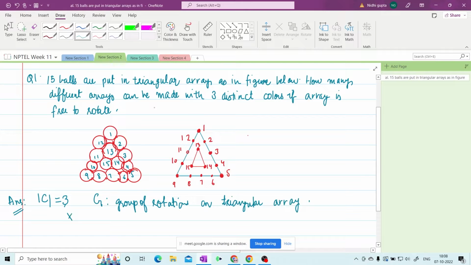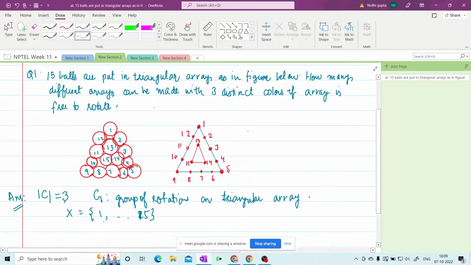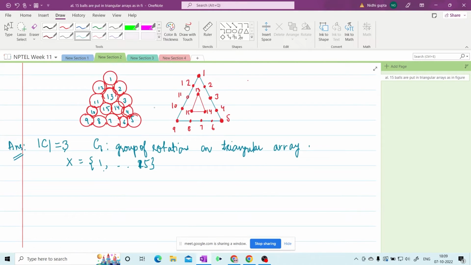And what is our X? X is basically these 15 balls, so the number is denoting the ball. Now we want to find the number of G inequivalent colorings.